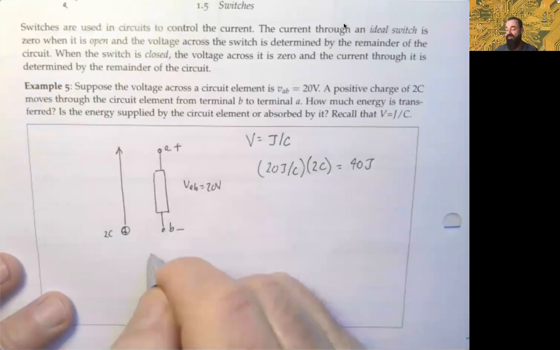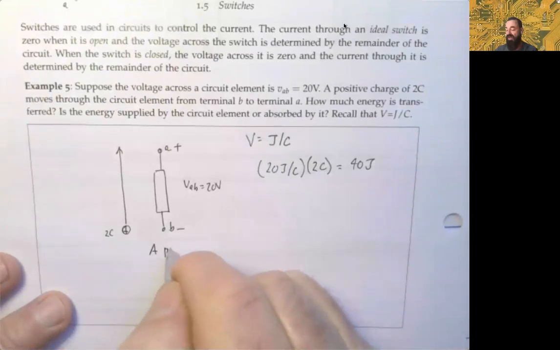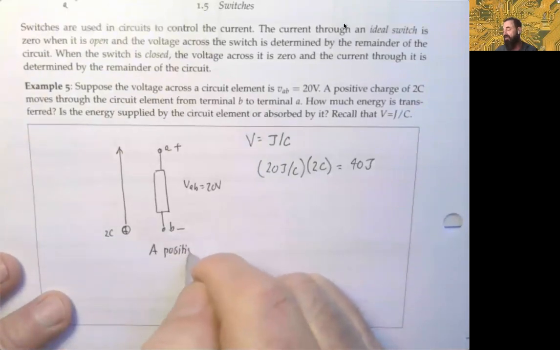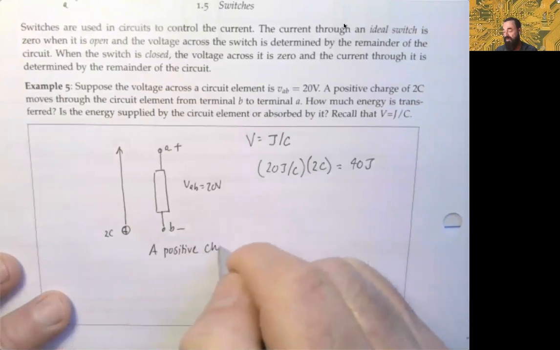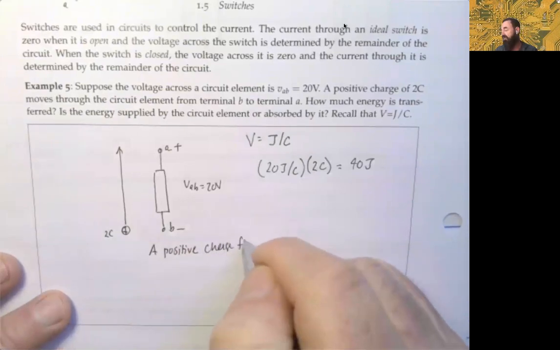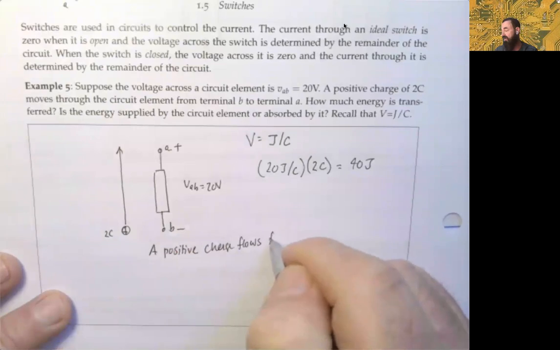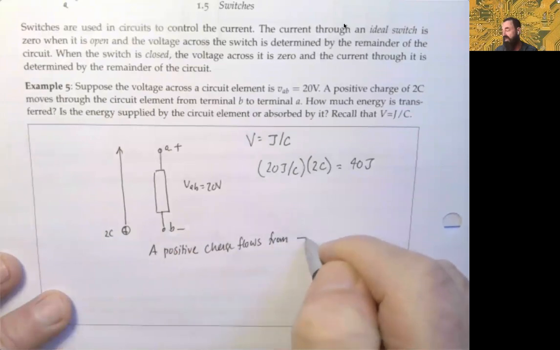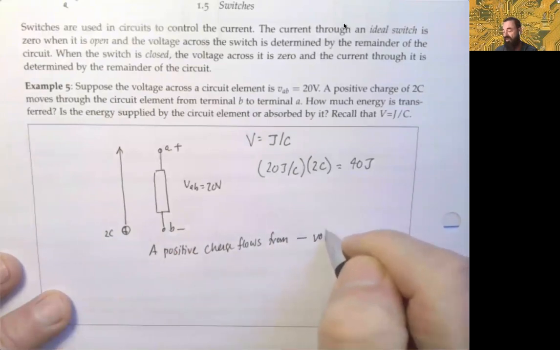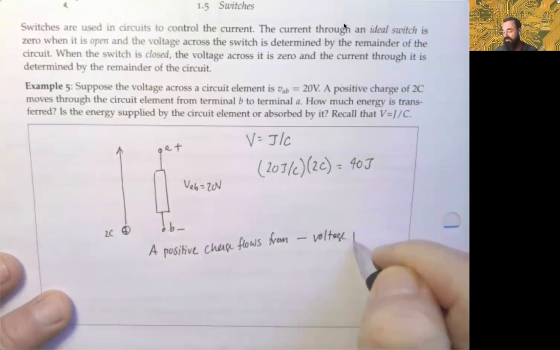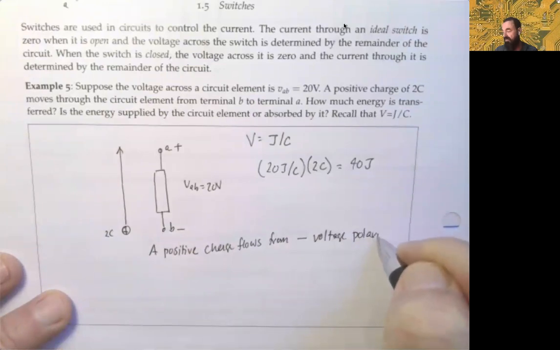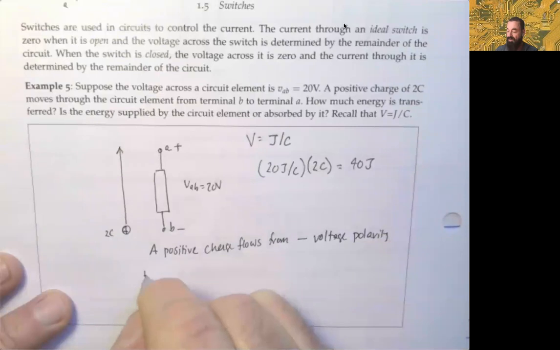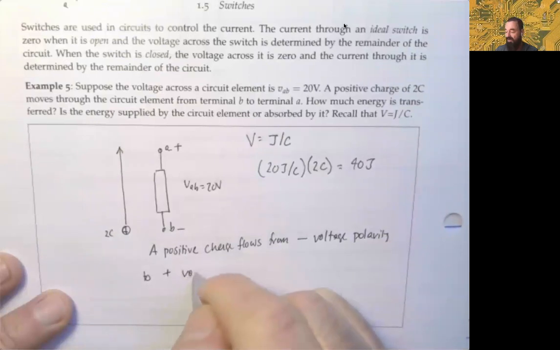And again, we'll just reiterate that a positive charge flows from the negative voltage polarity to the positive voltage polarity.